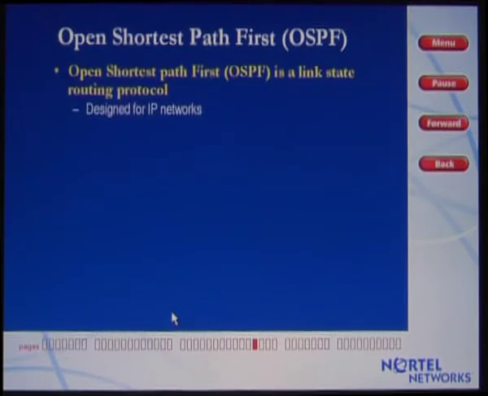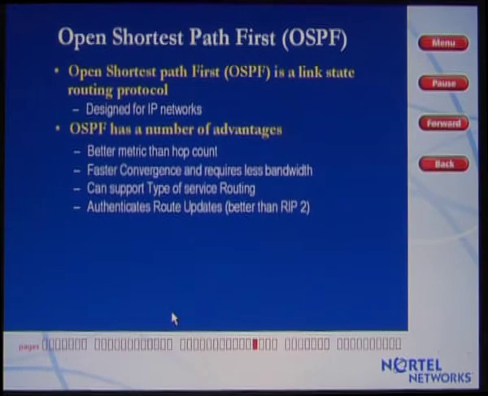Open Shortest Path First, or OSPF, is a link state routing protocol. The IETF developed it for use in the Internet and it is part of the Internet Protocol Suite. OSPF supports important functions not supported by RIP. As with all link state protocols, OSPF exchanges internetwork topology information by flooding small link state advertisements throughout the internetwork.